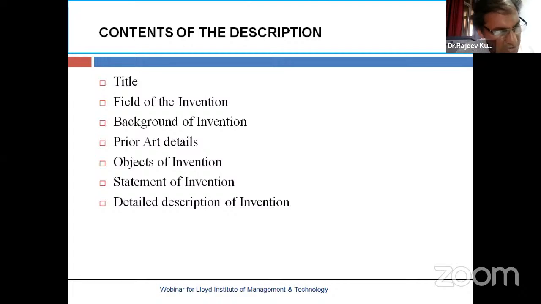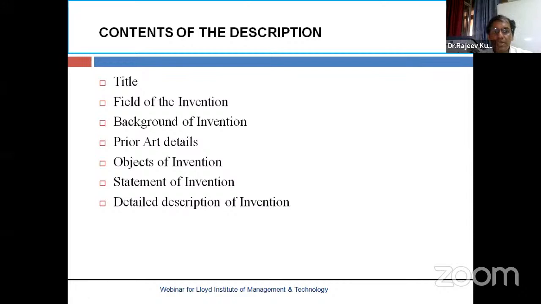It's a complete structured document which has certain parts, like you might have seen or read papers. So a paper also has structured parts, like title, then we have abstract, we have introduction, and so on. So a patent description also has certain parts which we call the structure of a patent.